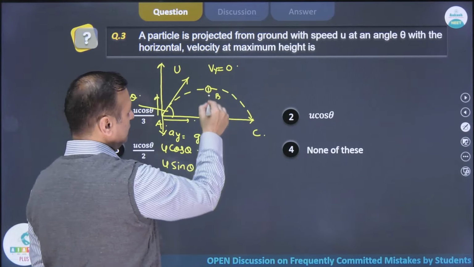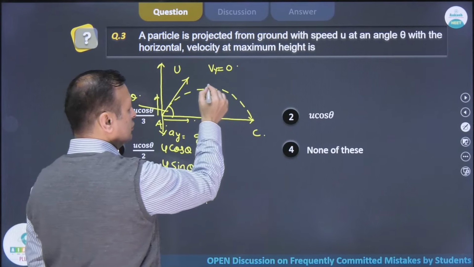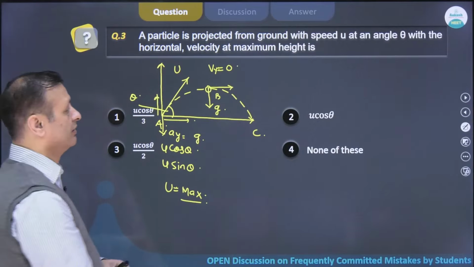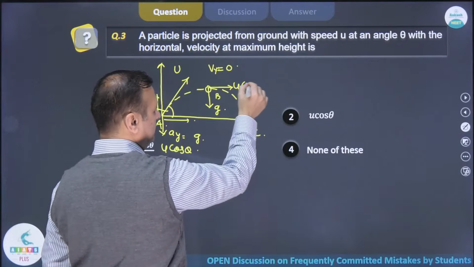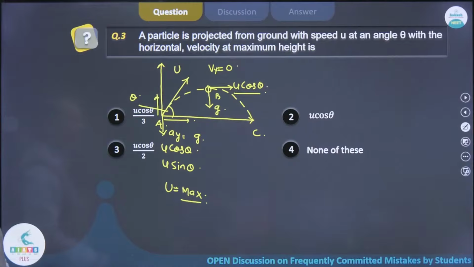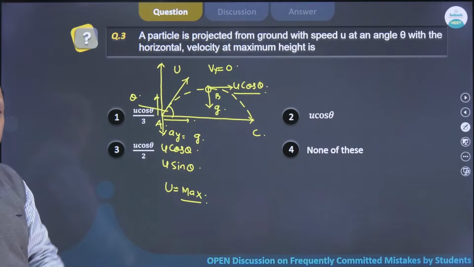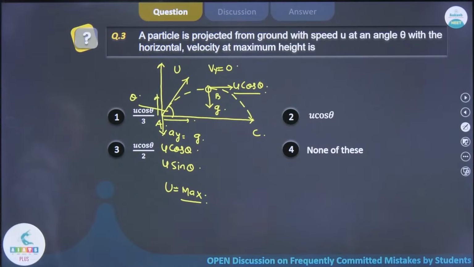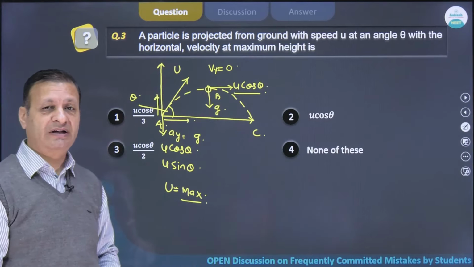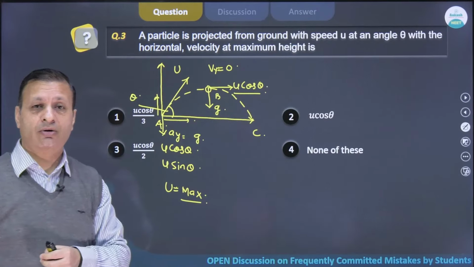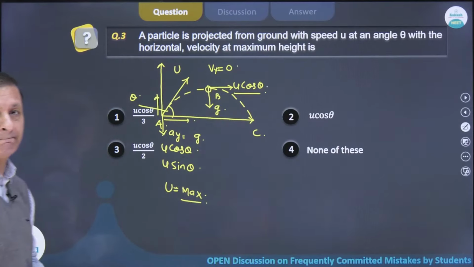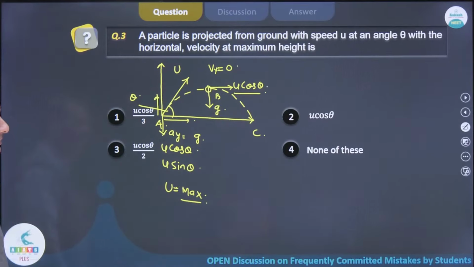Even at this point acceleration is downward. So the x component is there. The x component will still be u cos theta only. The horizontal component will not change all along the path of its trajectory. So at the highest point the y component is 0 and the x component is still u cos theta, and speed is minimum at this point, equal to u cos theta.